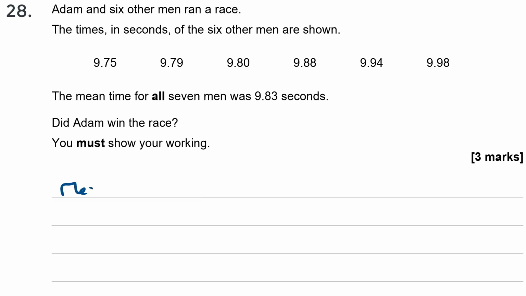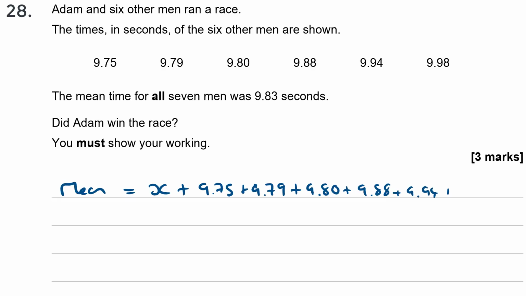So we would calculate the mean by adding all 7 values together and then dividing by 7. So x, Adam's value, plus all the other times, 9.79, 9.80, 9.88, 9.94 and 9.98, all divided by 7 because there were 7 runners, and we know that that is equal to 9.83.